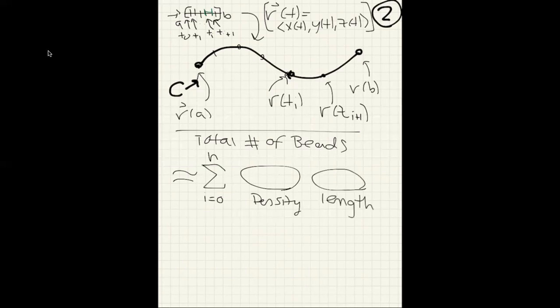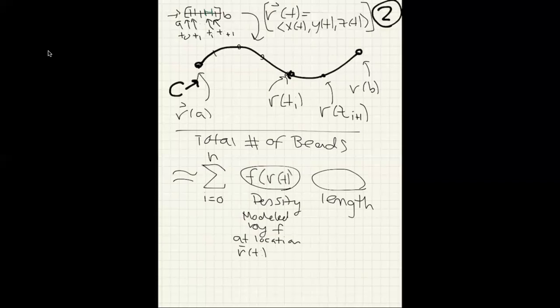The density, I'm going to model by f at location R of ti. Remember, R of ti is telling us where we are in space at that certain time. I'm going to compose my density with the location.